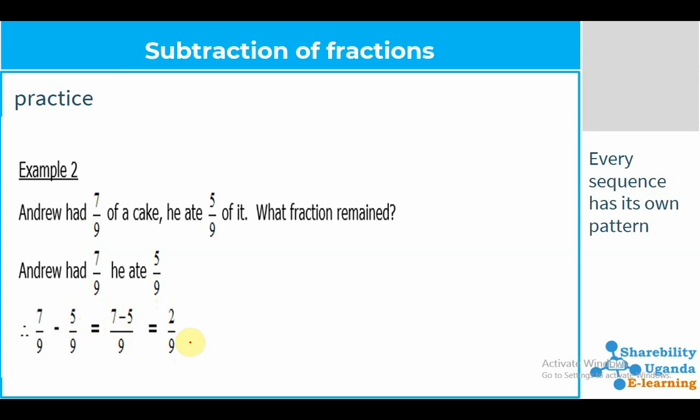This is a word problem, and that is how they solve them. What you have to bear in mind is to see the total cake. If you had the total cake as this and he ate this, then when they ask what fraction remained, it is very simple. Everyone can do it according to what we have explained.